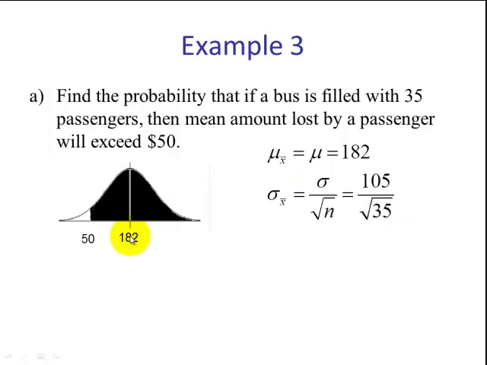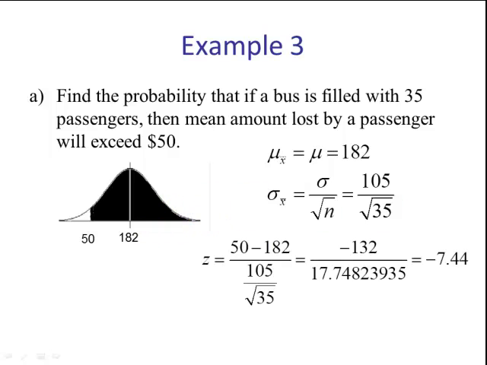If we draw our picture, here's our mean, 182. We're interested in exceeding $50, so that's area to the right. We change 50 to a z-score: 50 minus the mean divided by the standard error, and we end up with a negative 7.44.